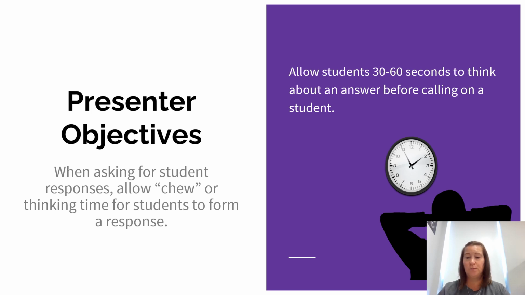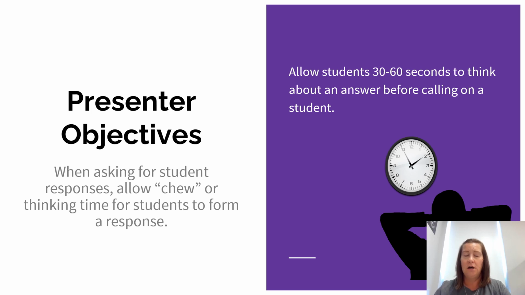So my objective as a presenter or a teacher that I've been trying to work on, and I'm trying to work on this in many of my lessons, is when I ask for student responses or I'm trying to elicit conversation with students, I tend to call on the first hand that shoots up really quickly, or one of the first hands.